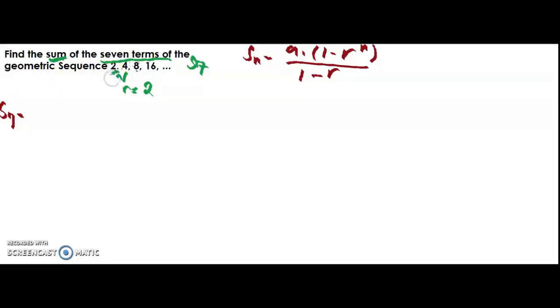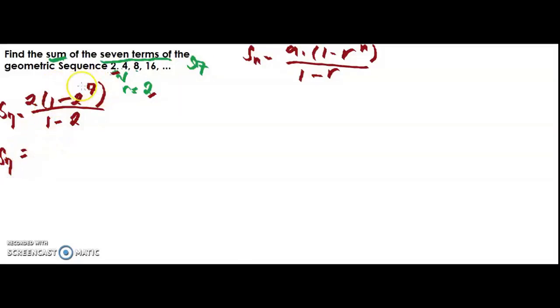Our first term is 2, right? So, ang first term natin is 2. And then 1 minus the common ratio, 2 raised to 7 dahil kinukuha natin yung sum ng ating first 7 terms, over 1 minus 2 as our common ratio. So, saan galing na naman yan? Guys, substitute lang natin yung mga given values natin na nandito sa ating problem. Okay?